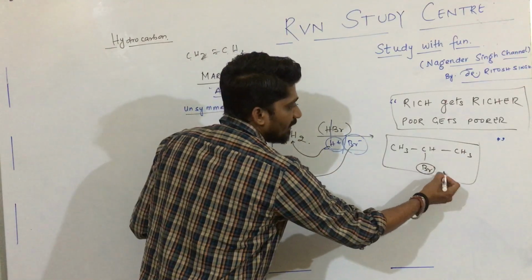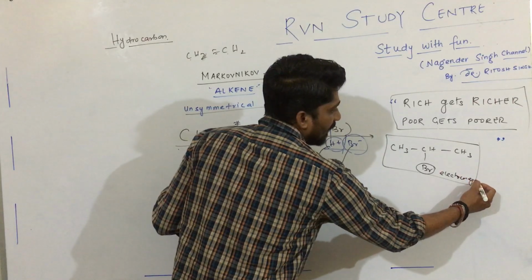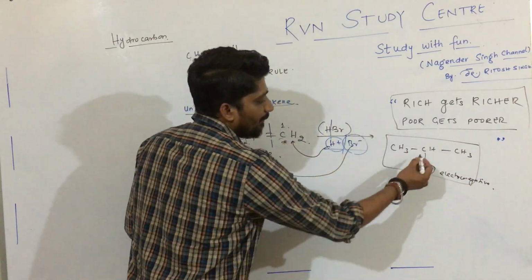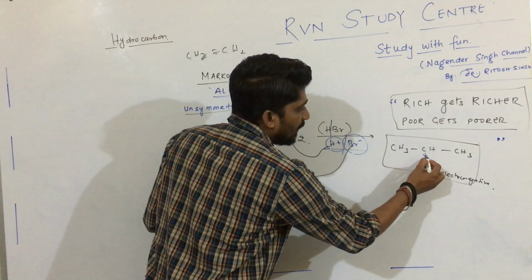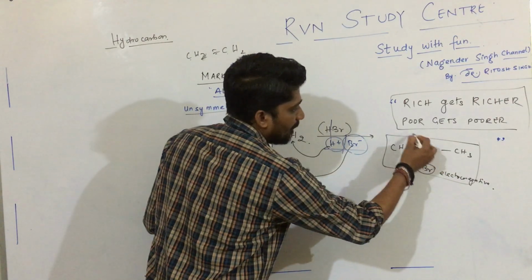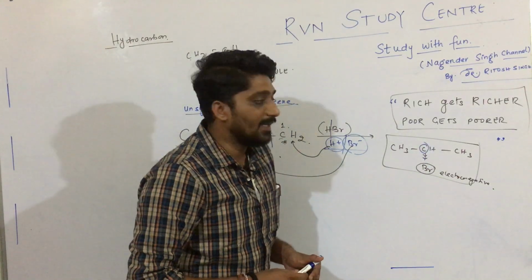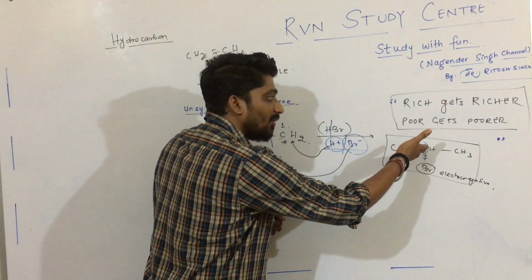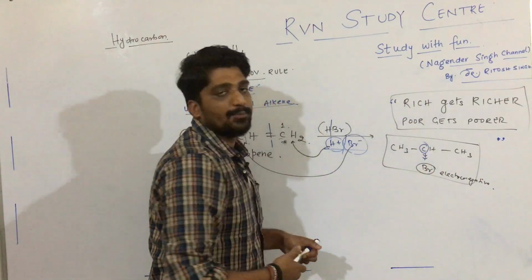Now this Br is much more electronegative, so it will take all the electron pair from the carbon, making it electropositive. That's why I said this fellow is already poor. Further, Br has been added, so it will become even poorer.